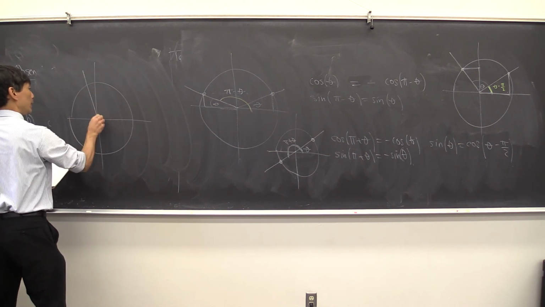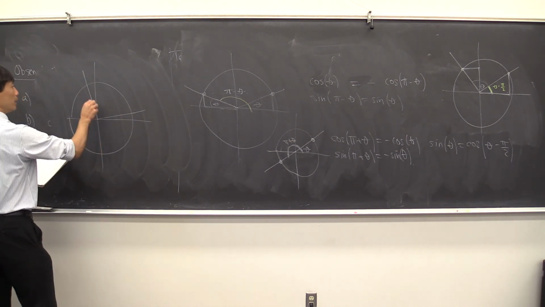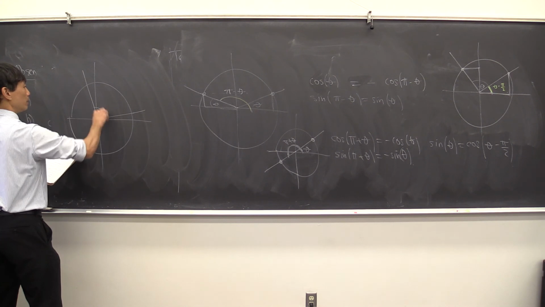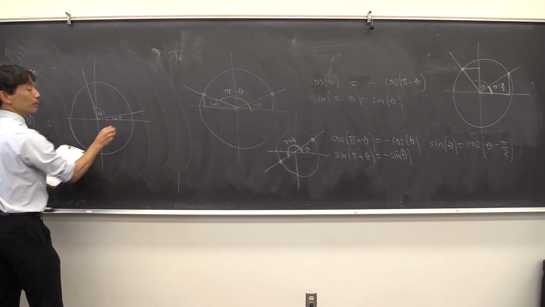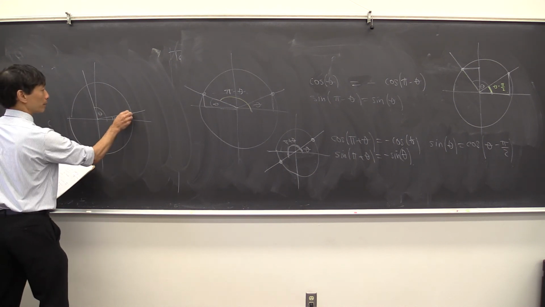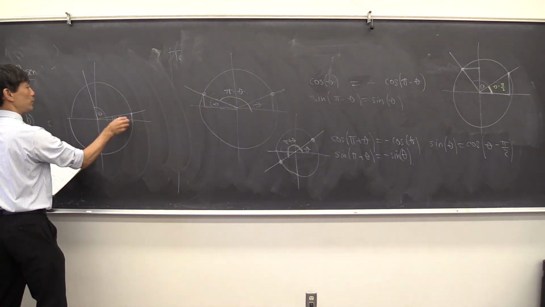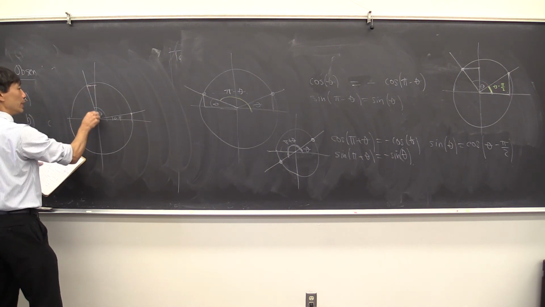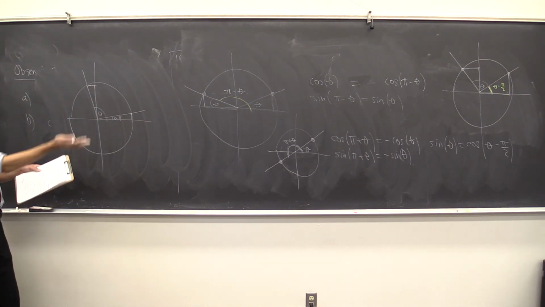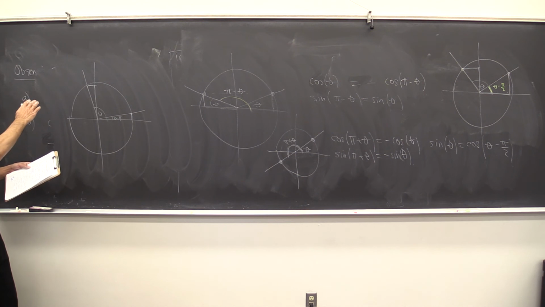So you've got this angle here, and you've got this angle here. This angle is theta, this angle here is theta minus pi over 2. This triangle here and this triangle here are the same triangle. One has just been rotated over.